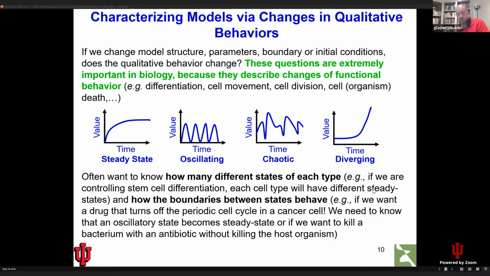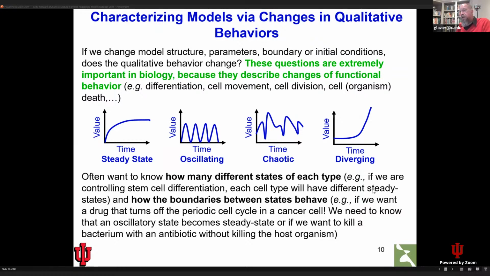And in particular, when we make changes to a system, we want to know how we drive the system across a boundary. For example, if we think about cancer, in cancer, we have cells that are going through a cell cycle. And so we have oscillations in the cells, periodic oscillations in the cells.